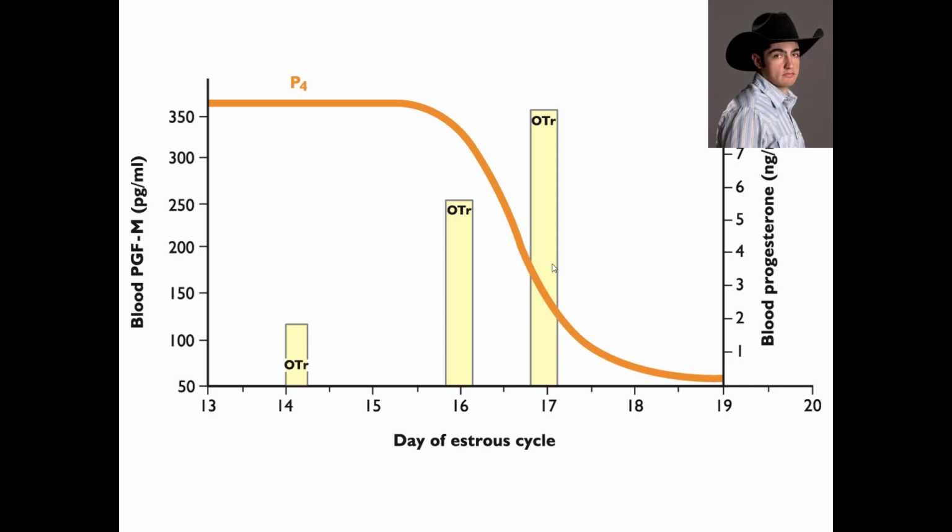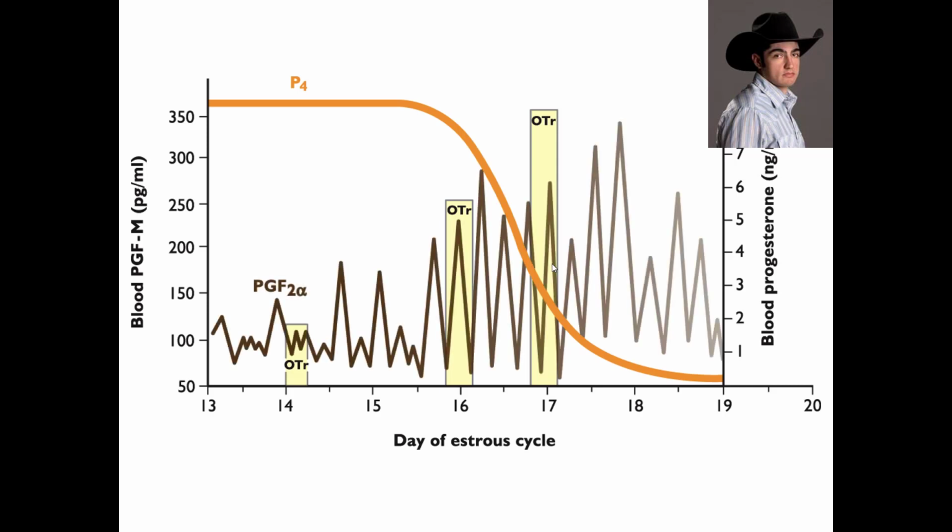So let's then lay the amount of prostaglandin F2 alpha over the top of that. Prostaglandin F2 alpha, keep in mind, is coming from the endometrial layer of the uterus, and it is being produced in response to a lack of a pregnancy attaching to the uterine wall.